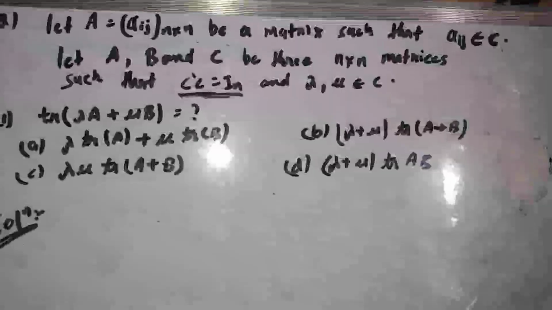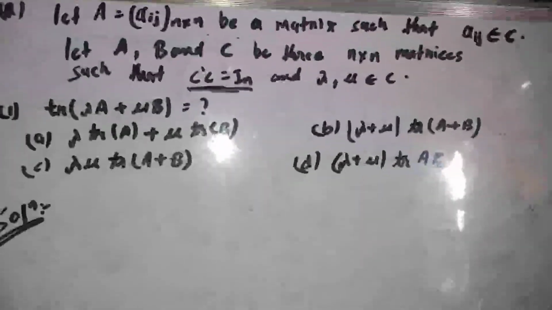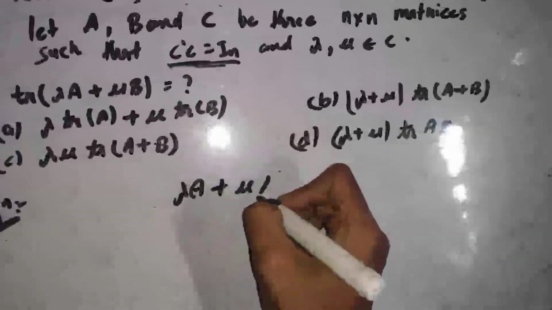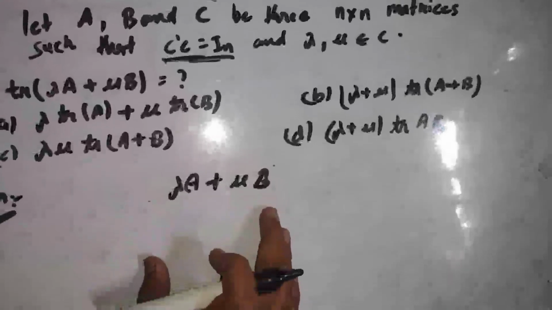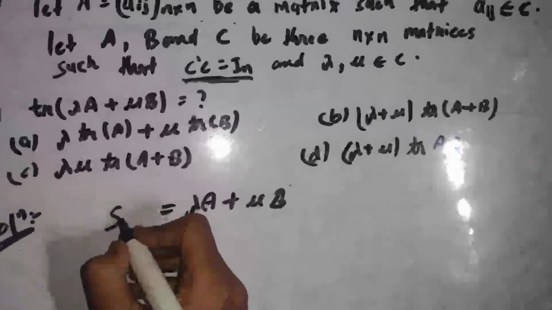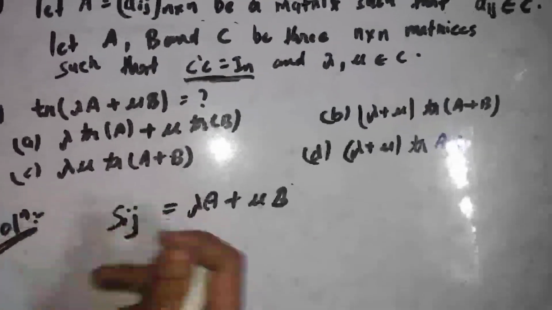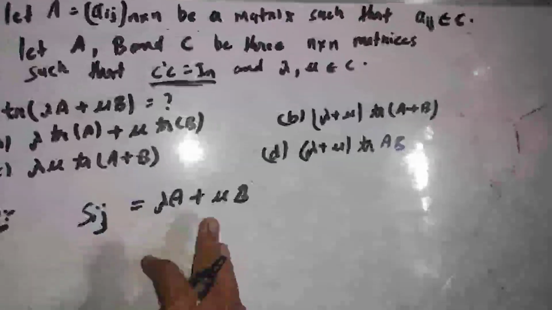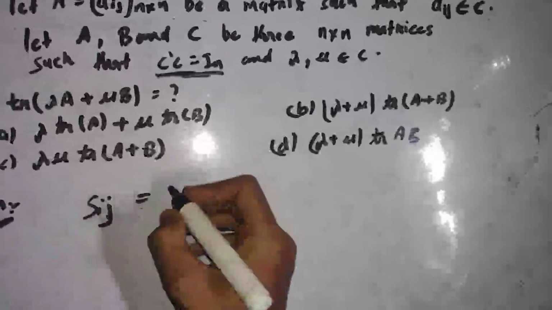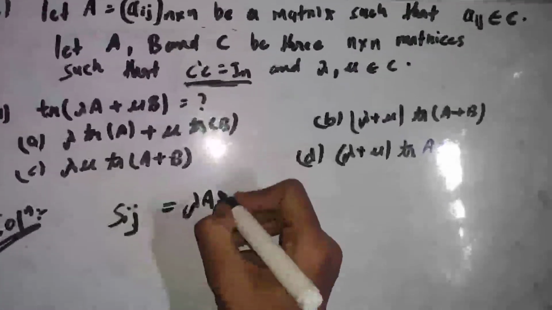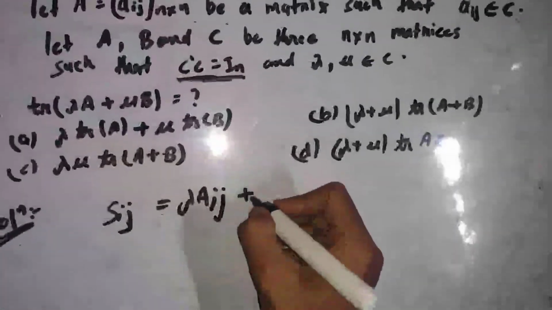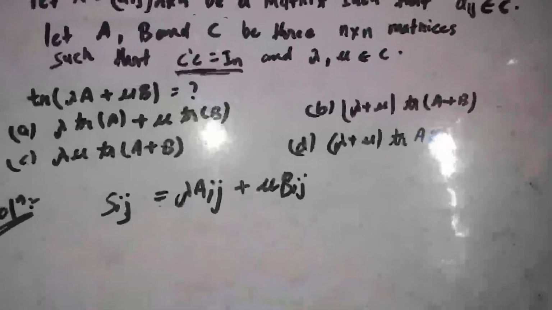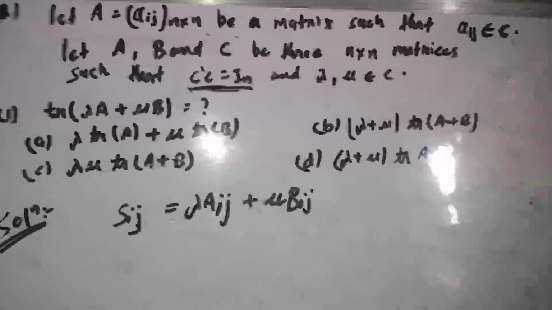So let a matrix be lambda A plus mu B, and these are a summation of two matrices, so it will give a new matrix, and I'm calling that new matrix Sij. Okay, so Sij is lambda A, or to be more mathematically accurate, I'm writing it lambda Aij plus mu Bij.